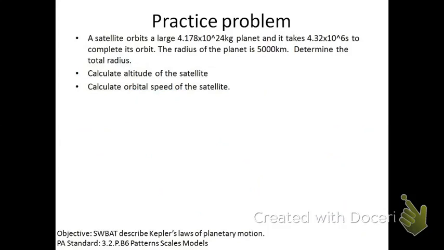So orbital speed is going to be Vt equals square root of 6.673 times 10 to the negative 11 times the mass of the planet, which is, again, 4.78 times 10 to the 24.